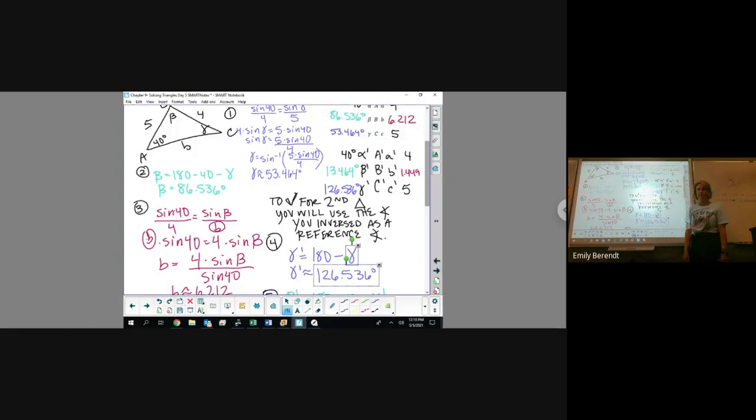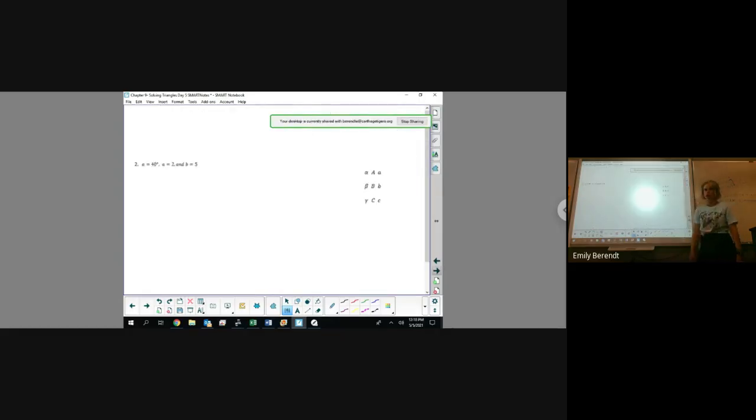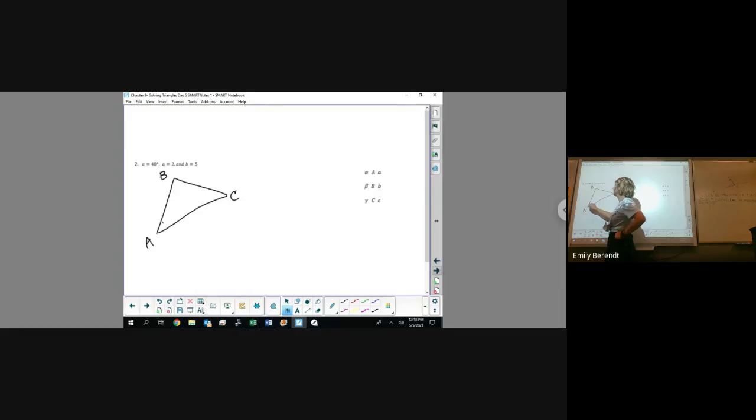Okay. All right. Second problem. Number 2, you don't need near as much room. Let's draw our triangle. And get your chart set up.